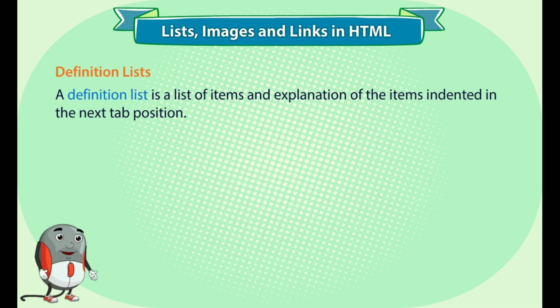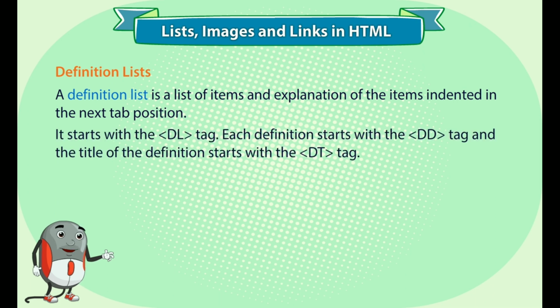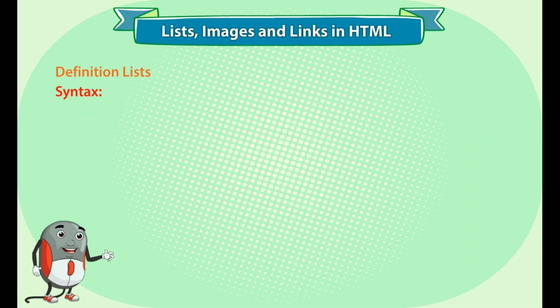Definition lists. A definition list is a list of items and explanation of the items indented in the next tab position. It starts with the DL tag. Each definition starts with the DD tag and the title of the definition starts with the DT tag.